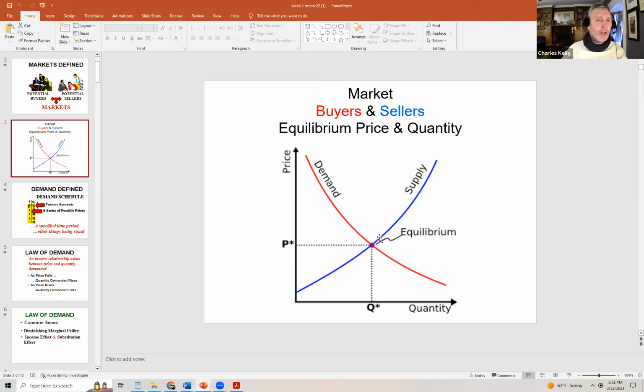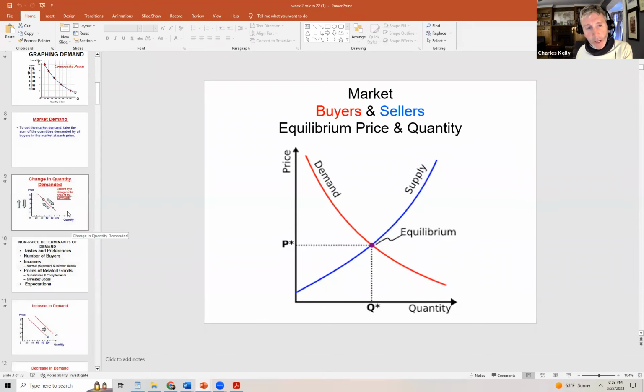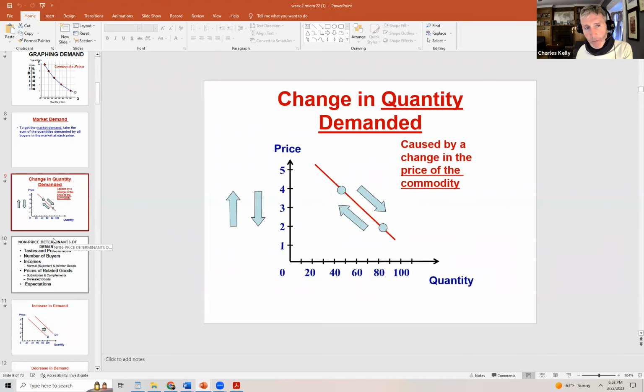So far, so good. Now, here's the thing. We can't analyze the demand side of the market and the supply side of the market simultaneously. It's impossible. So we're going to explain markets by first examining demand, then discussing supply, and then bringing them back together. So pretty soon we're going to be saying, okay, what happens if we look at the market demand curve?